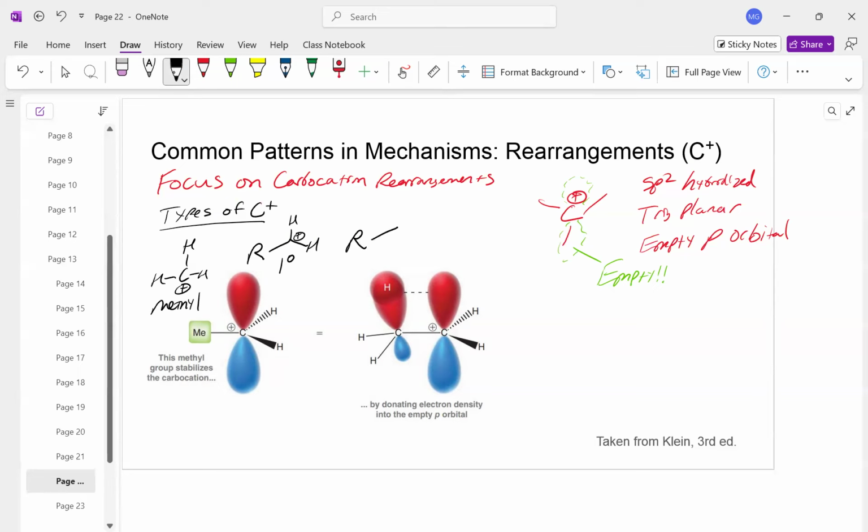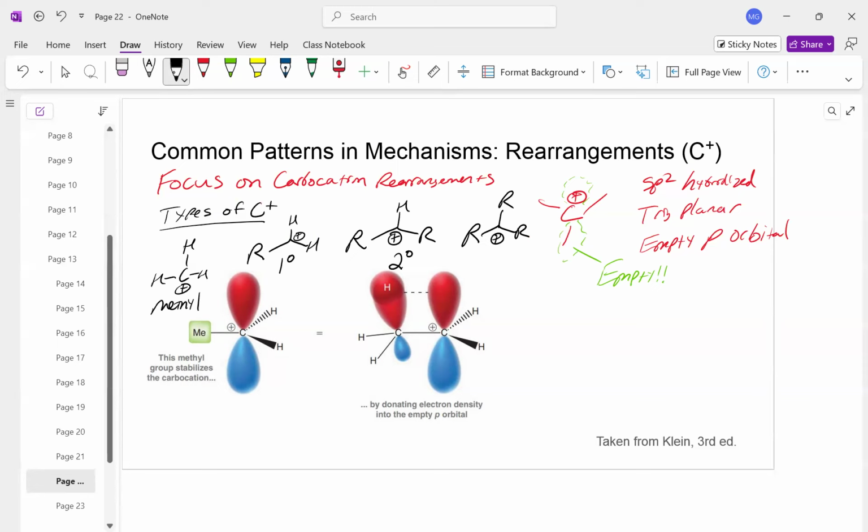If there are two carbons attached to the carbon with the plus charge, we call that a secondary carbocation. And if there are three carbons attached to the carbon with the plus charge, we call that tertiary.